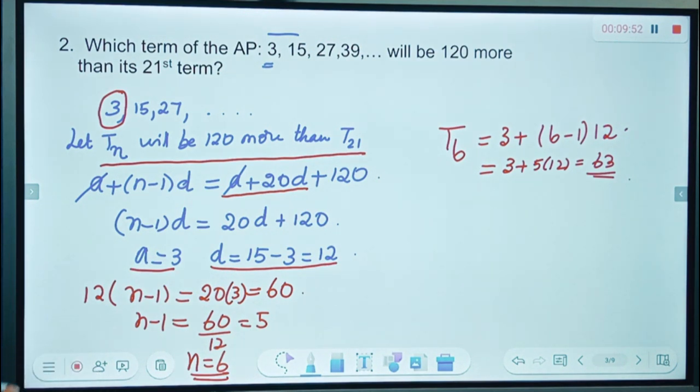You have to find that Tn, which is 120 more than the 21st term. Given the sequence 3, 15, 27, 39, etc. So you know A, you know D. Find Tn for which you will have a term which is 120 more than the 21st term. Which term is that? T6.